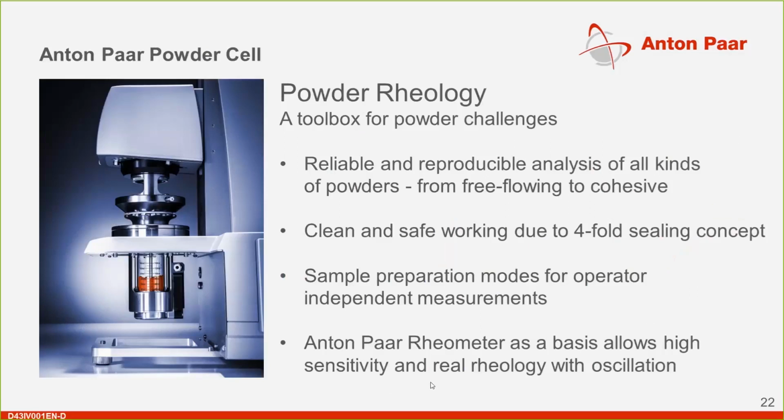Since there are some preparation modes, for example, fluidizing or pre-compaction, this can help to remove the operator influence on the results. And this can also help to quite strongly increase the reproducibility of measurements.